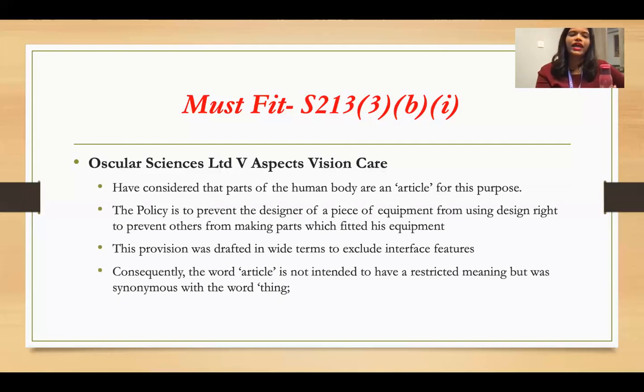And then we have the Oscular Science case as well, which explained about Must-Fit. What did the Oscular Science case explain to you? It tells you the reason or the public policy behind this Must-Fit feature. The courts, again, don't want the consumer to be monopolized. They don't want the market to be monopolized.